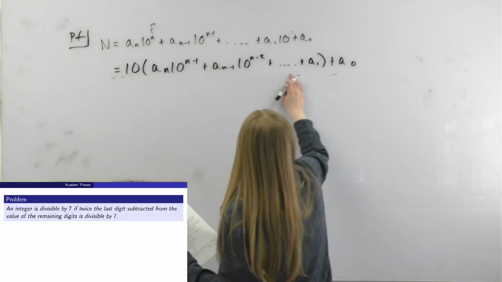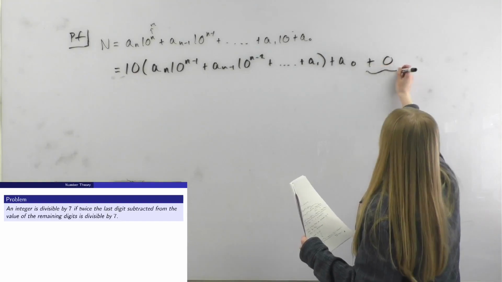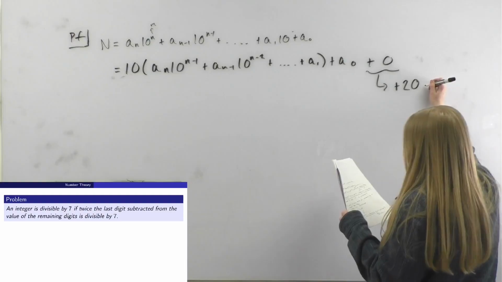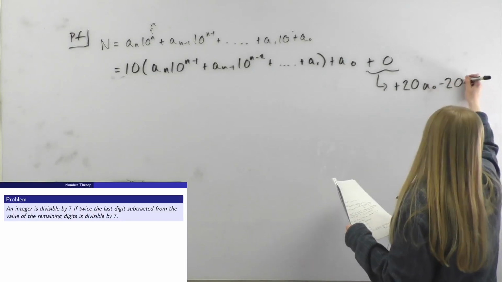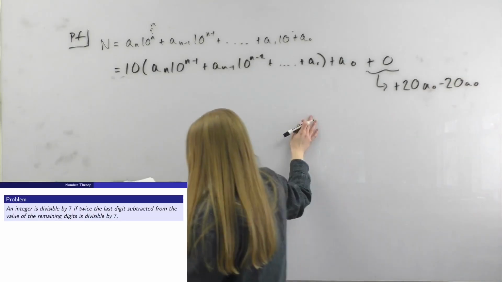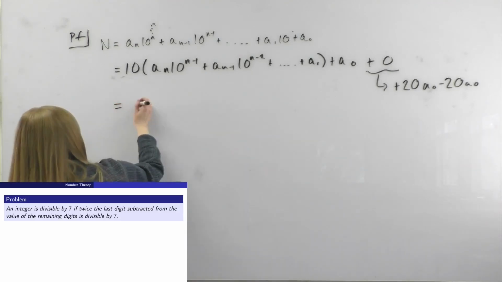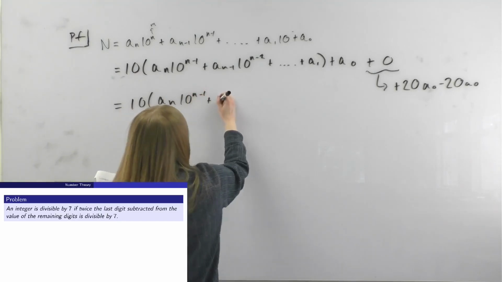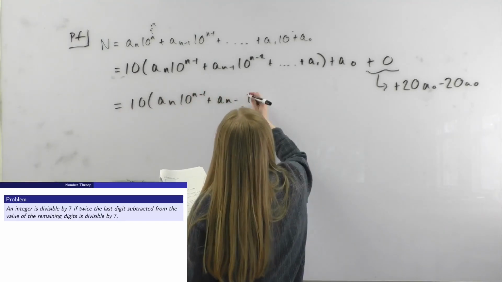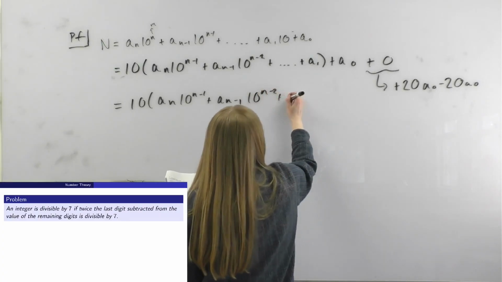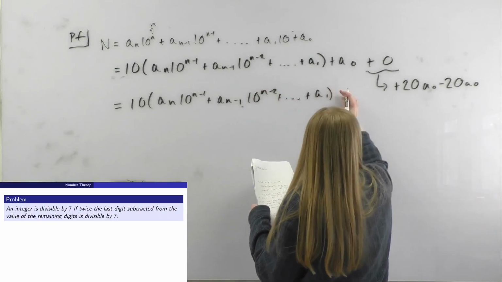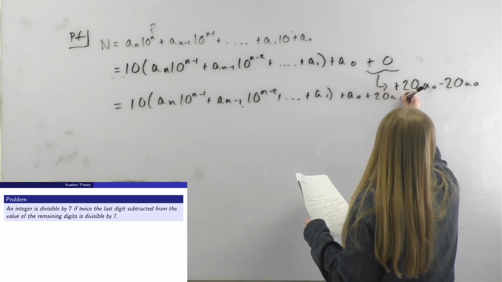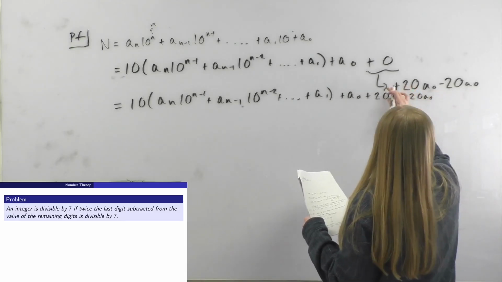We're just going to plus 0, where this 0 is going to be plus 20 a0 minus 20 a0. So this is now equal to 10 times an times 10 to the n minus 2 plus dot dot dot plus a1, plus 0 minus 20a0.